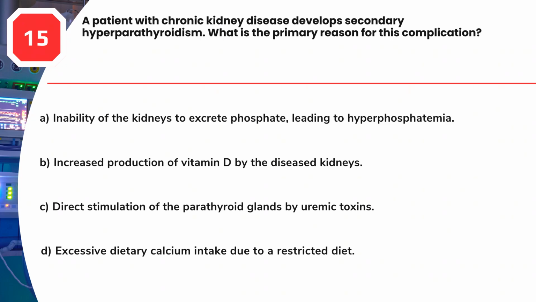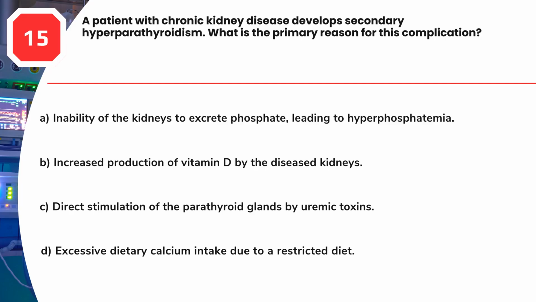Question 15. A patient with chronic kidney disease develops secondary hyperparathyroidism. What is the primary reason for this complication? A. Inability of the kidneys to excrete phosphate, leading to hyperphosphatemia. B. Increased production of vitamin D by the diseased kidneys.